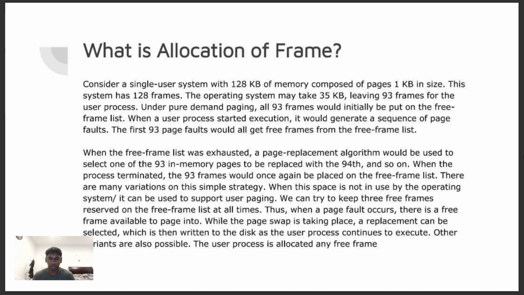While the page swap is taking place, a replacement can be selected, which is then written to the disk as the user process continues to execute. Other variants are also possible. The user process is allocated any free frame.